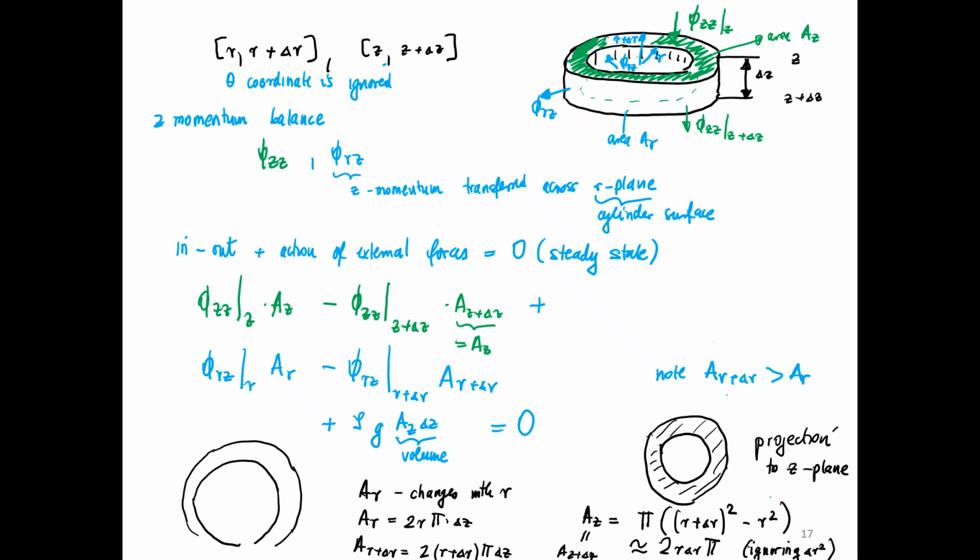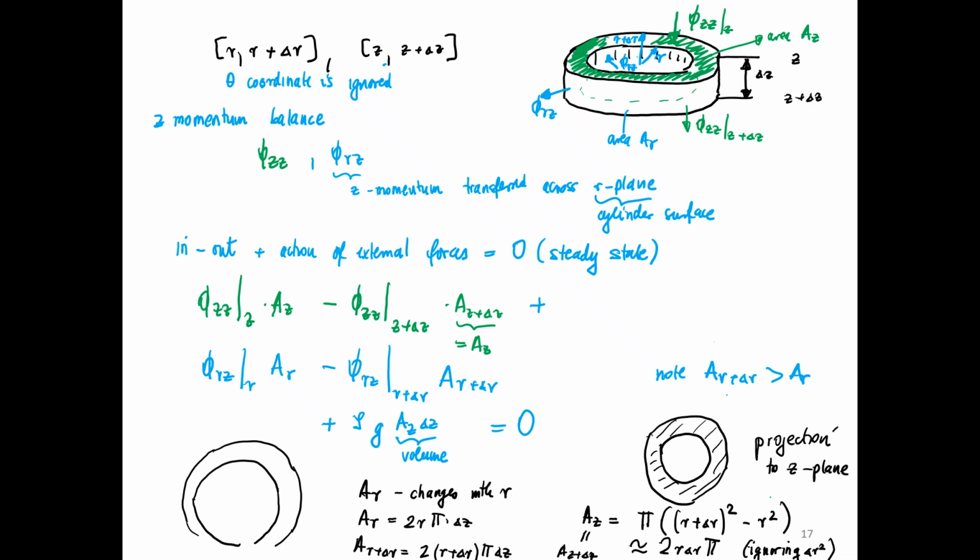Essentially, phi ZZ is Z momentum transfer across the Z plane. So this is my Z plane, and these are two Z planes, right? And my R planes are curved. My R planes are cylinders.